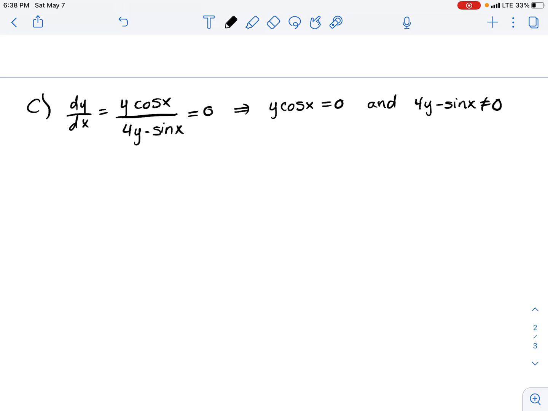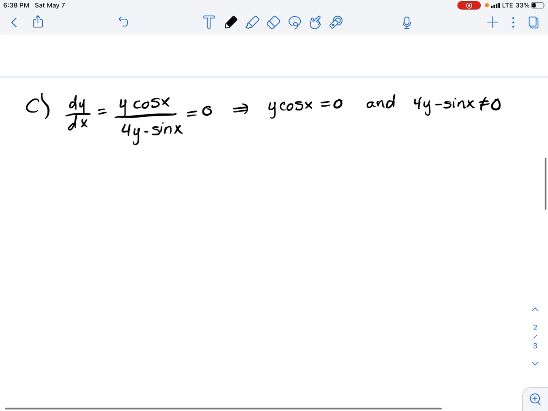So now we need to figure out when y cosine of x is equal to 0. So note here that you would say, well, that happens when y equals 0 or cosine of x equals 0.